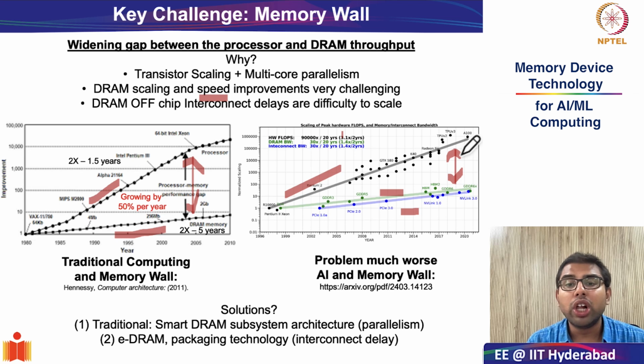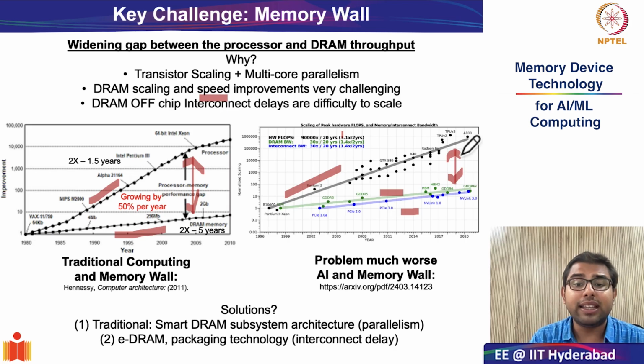So what do you do? You do a very smart DRAM subsystem architecture design so that you can bring in some parallelism, where some banks are active at some time, and information can be supplied through other banks.